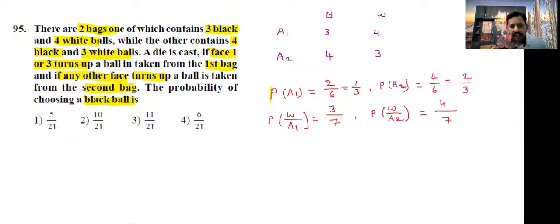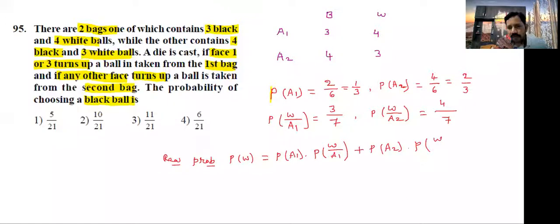Now finally we want to select a white color ball only. Required probability. What is that? Probability of getting a white color ball. First select the bag. I am going to select the first bag. In that bag, we can draw a white color ball, plus the second bag, P of A2 into P of W by A2.